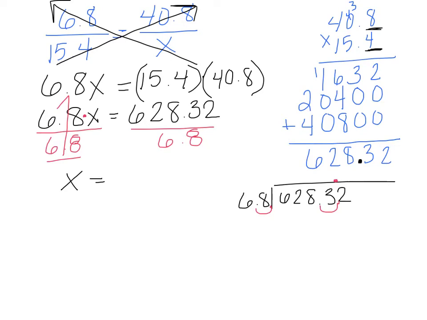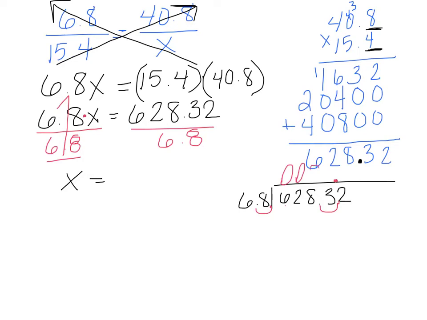So what we're saying is, how many times does 68 go into 6? It goes in 0 times. How many times does 68 go into 62? It goes in 0 times. How many times does 68 go into 628? Well, I'm going to guess 9, because 10 would be 680.